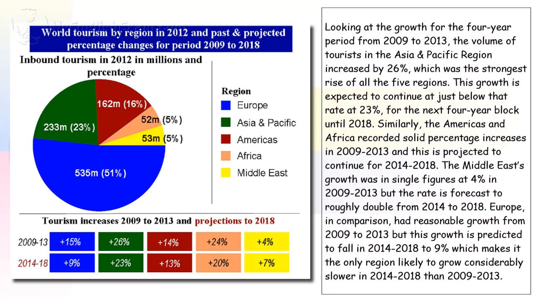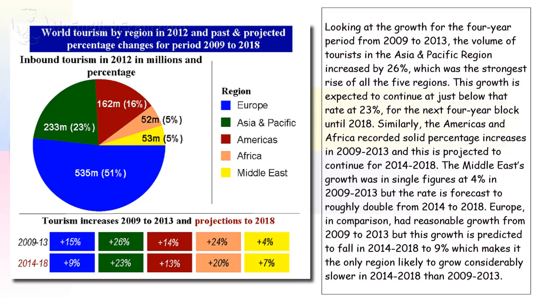Similarly, the Americas and Africa recorded solid percentage increases in 2009 to 2013, and this is projected to continue for 2014 and 2018. The Middle East growth was in single figures at 4% in 2009 to 2013, and the rate is forecast to roughly double from 2014 to 2018.